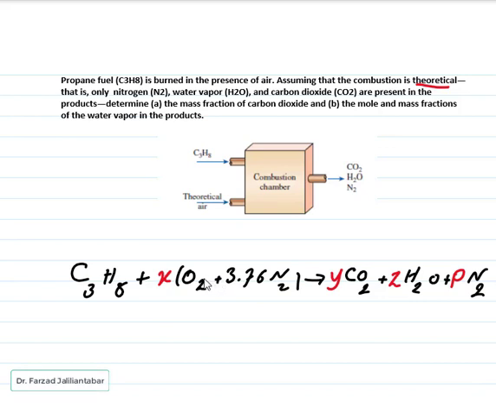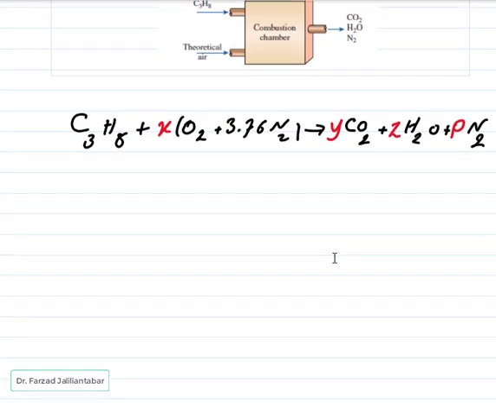Before we start, we should write the mass balance for this equation. We have had an example of how we can do that. So let's first start with the mass balance of this equation.